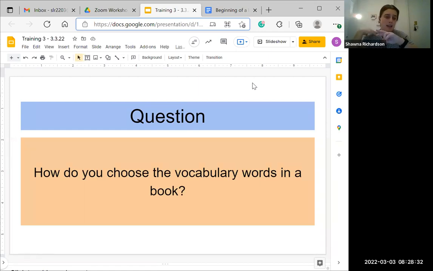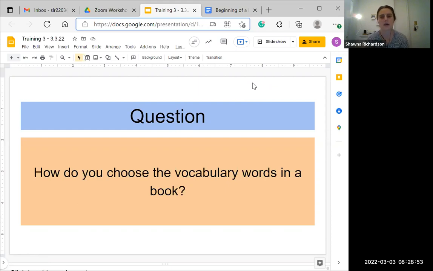So from last week, if you remember our book, decision is kind of a difficult word. So you might need to explain and introduce the word decision so your students can understand what's happening in the book.